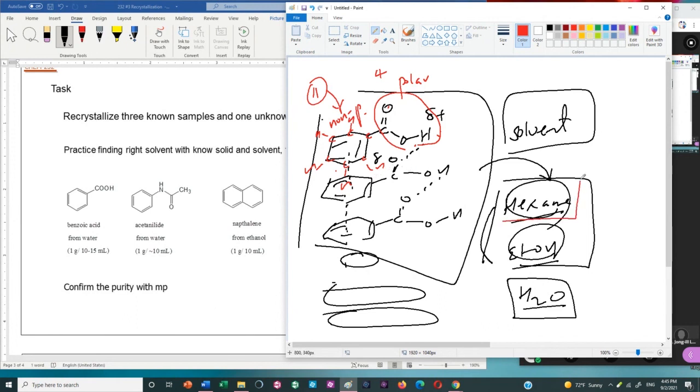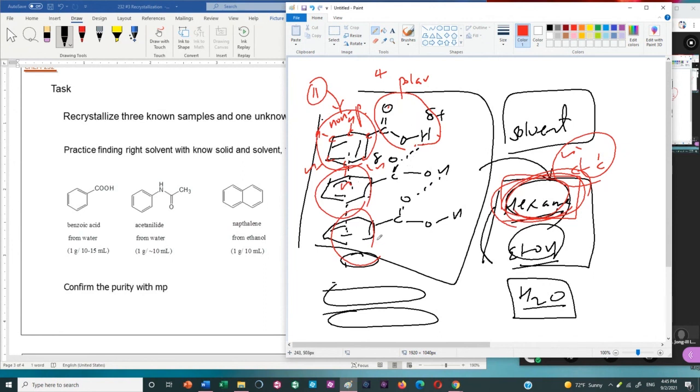So look at that. Hexane, just the carbons and hydrogens, nonpolar. The hexane loves this ring, so this can dissolve. Of course, these polar groups don't like hexane, but they are a minority. So, unlike our civilized human society, they don't care about the minority.